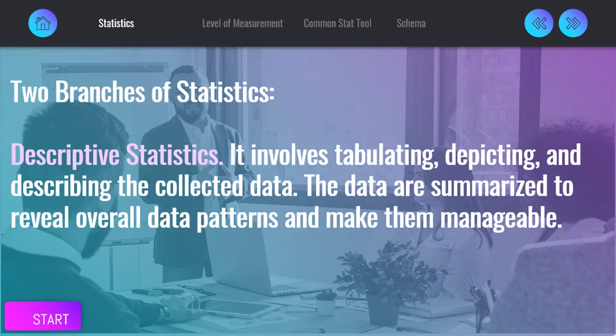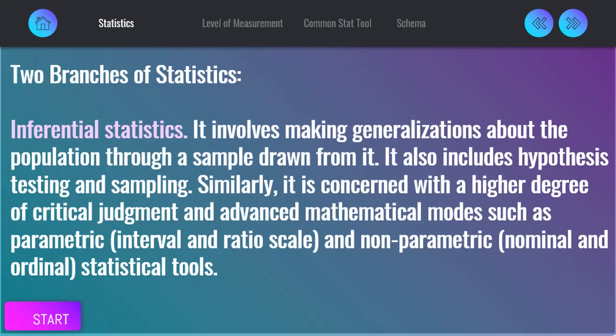Descriptive statistics involves tabulating, depicting, and describing the data collected. The data are summarized to reveal overall data patterns and make them manageable. While inferential statistics involves making generalizations about the population through a sample drawn from it. It also includes hypothesis testing and sampling.